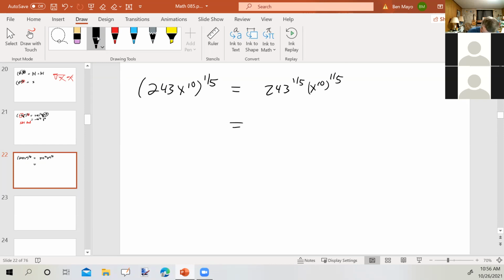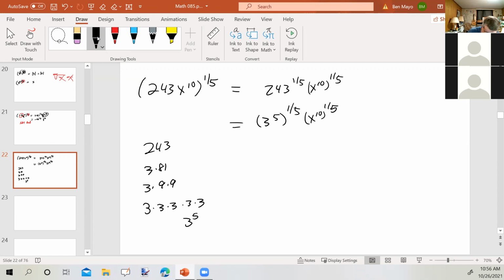Well, 243, let's see, 243 is 3 times 81, which is 3 times 9 times 9, which is 3 times 3 times 3 times 3 times 3, which is 3 to the 5th power. So I've got 3 to the 5th power to the 1/5 power, x to the 10th power to the 1/5 power. So what I did was I took this and rewrote it like that, 3 to the 5th power.